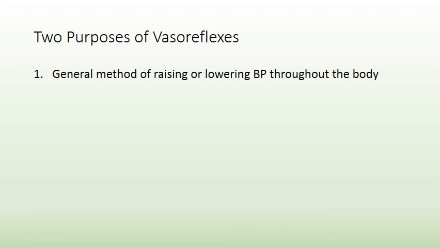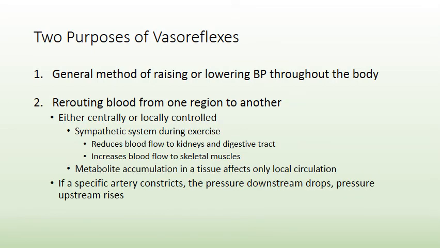So overall, we can dilate and constrict our blood vessels, which gives us general control of raising blood pressure all over the body. We can constrict or dilate all of the blood vessels, which is going to result in systemic, or system-wide, raising or lowering of the blood pressure. The other thing that we can use vasodilation and vasoconstriction for is moving blood from one part of the body to another.